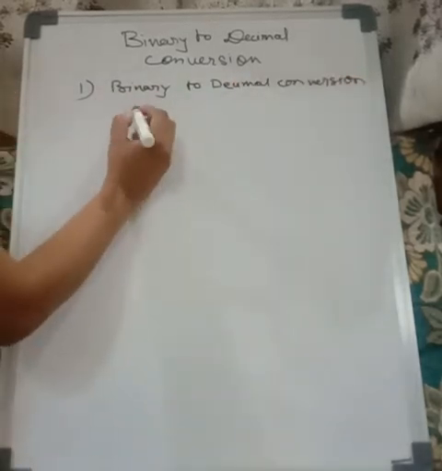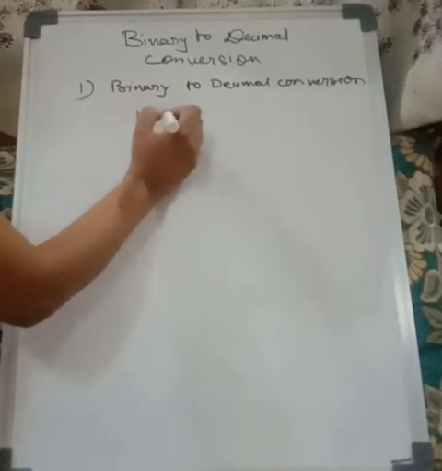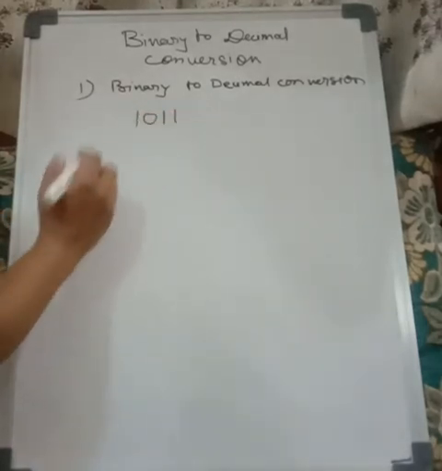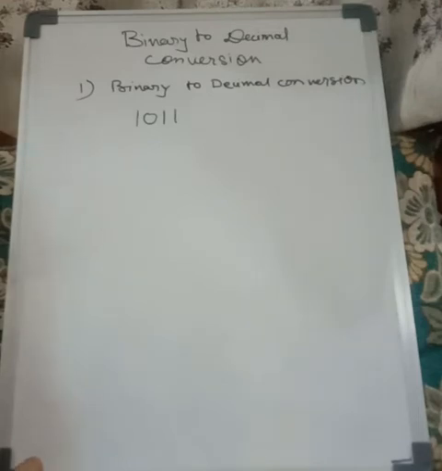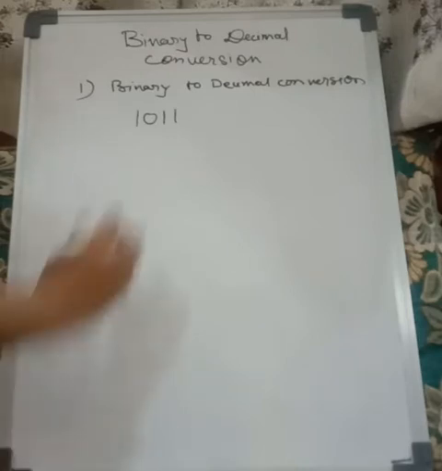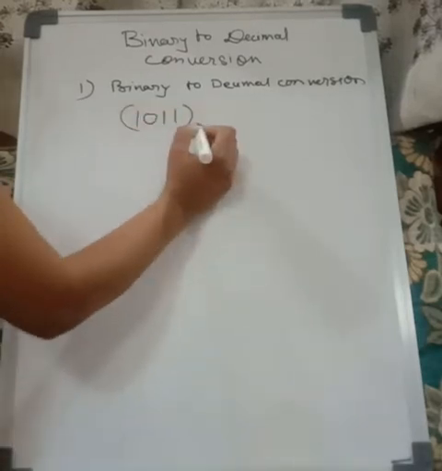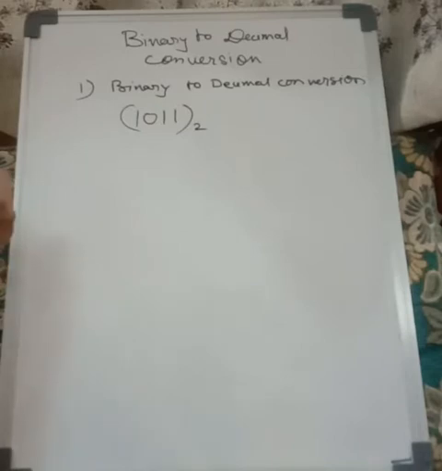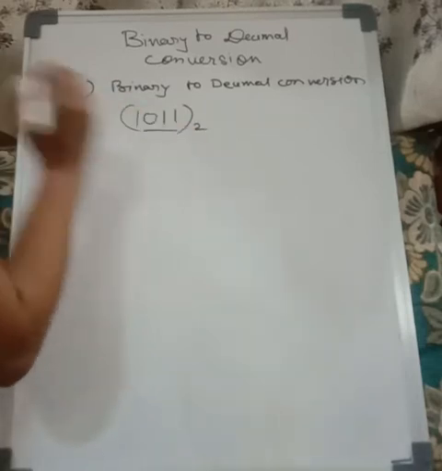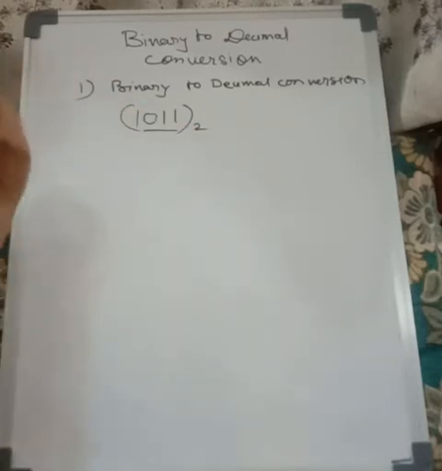Here, suppose we have a number 1011. We know a binary number consists of only two digits, that is 1 and 0. So, if this is a binary number indicated by its base 2 and we want to convert this number into decimal number, how will we convert it?